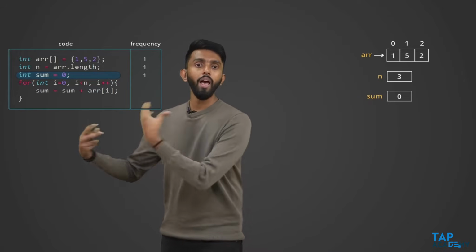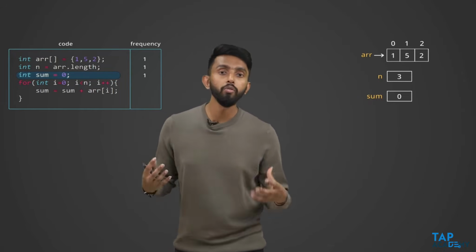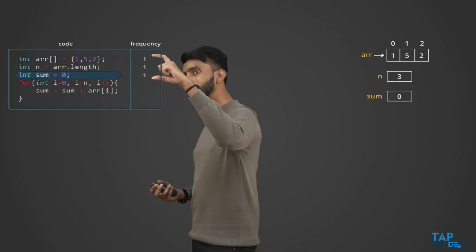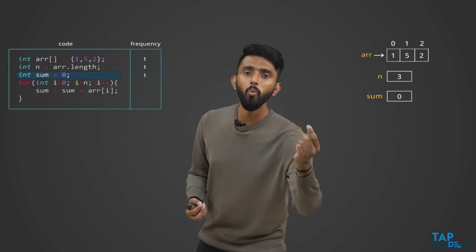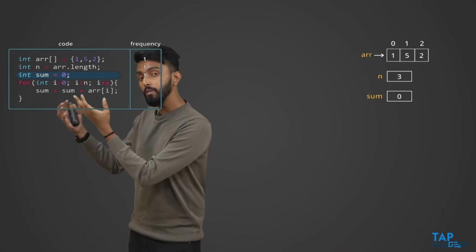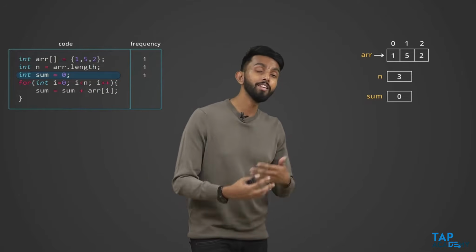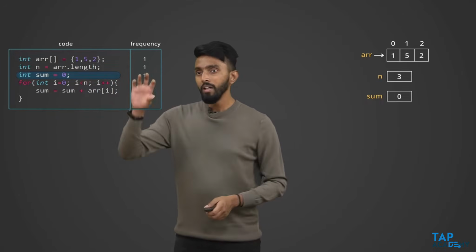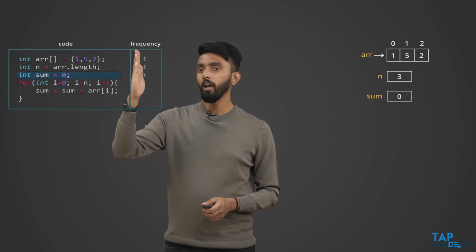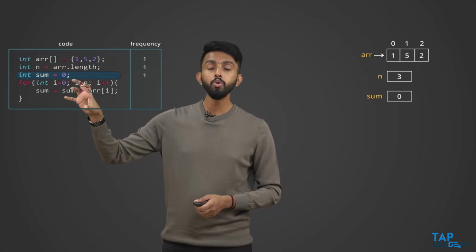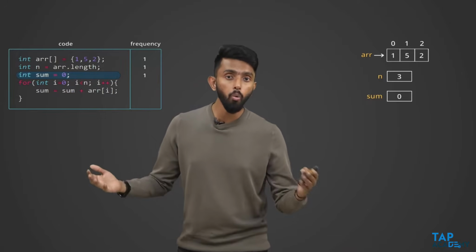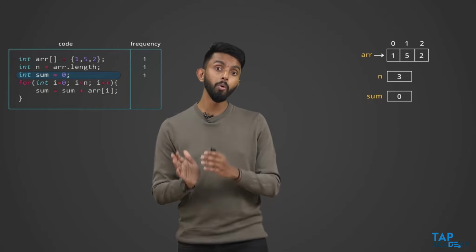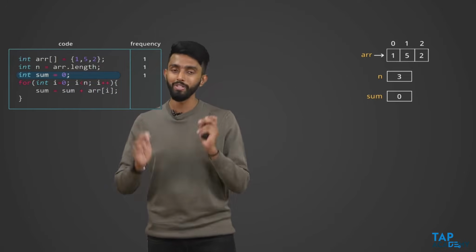If I am going to estimate the amount of time my code is going to take, will I bother about these statements which execute just once, or will I be worried about those statements which will execute multiple times? Anyone with common sense would tell me, sir, these statements I don't really care about, but these are the statements which will primarily decide how much time my program is going to take. This is what is going to decide whether my program is going to be fast executing or slow executing.